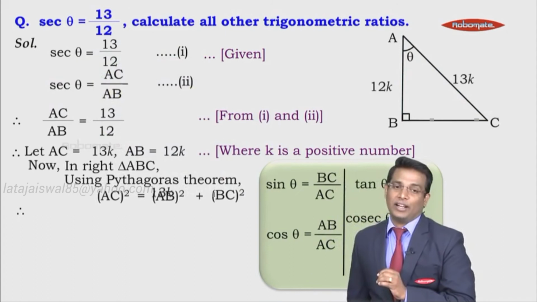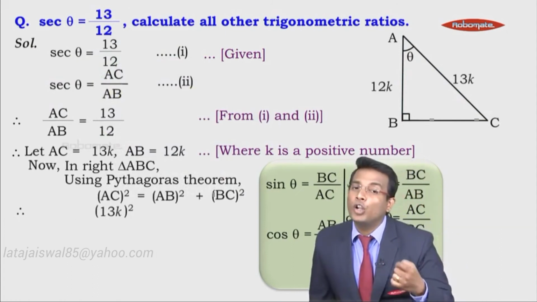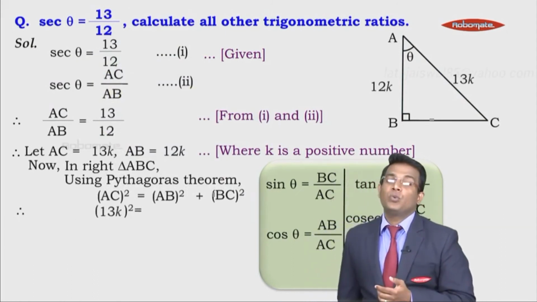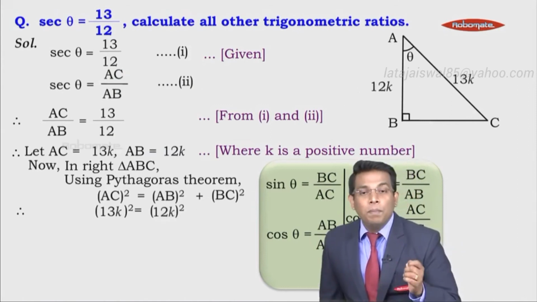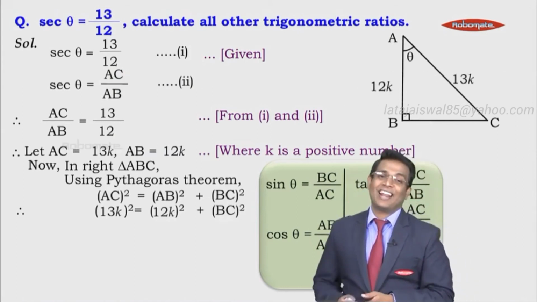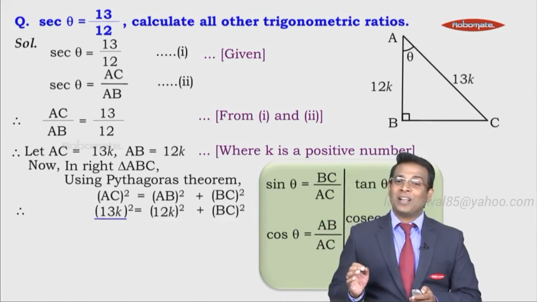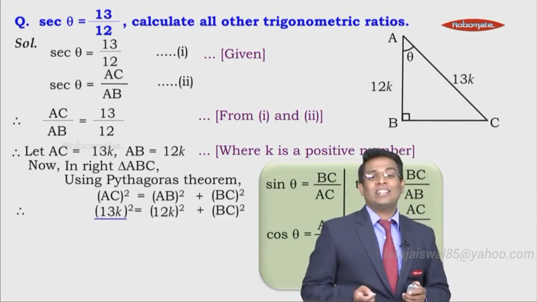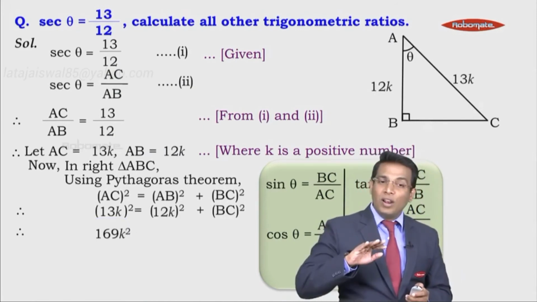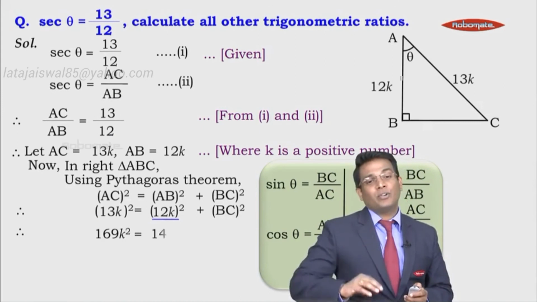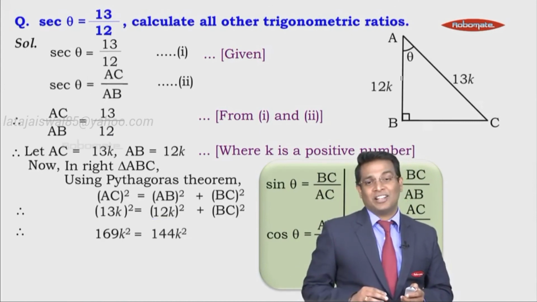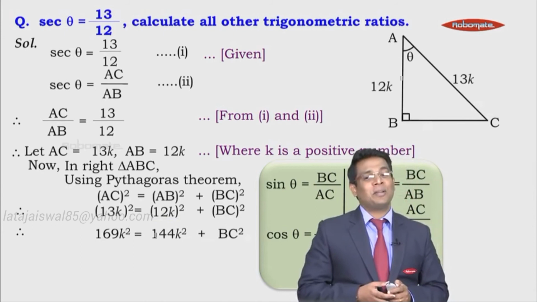So it will be 13K the whole square is equal to 12K the whole square plus BC square, right? 13 square is nothing but 169. So it will be 169K square, and 12K square is 144K square, plus BC square remains as it is.